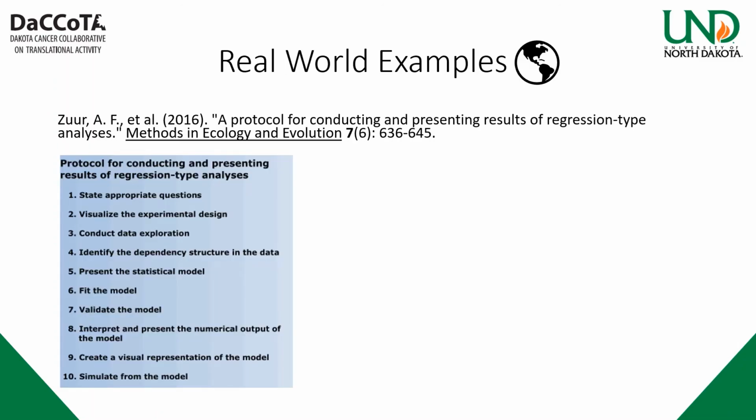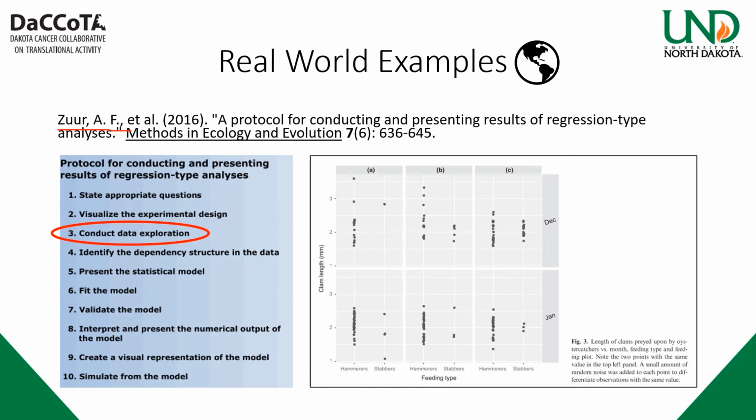All right, so let's look at just a couple of real-world examples of doing some data exploration. This is a great paper by Zuur et al., which has a 10-step guide for regression type analyses that is a great go-to guide. And we can see how important data exploration is. It's the third step. Here's an example of beautifully visualizing pretty complicated data. We have one Y variable, clam length, across a bunch of categorical variables.